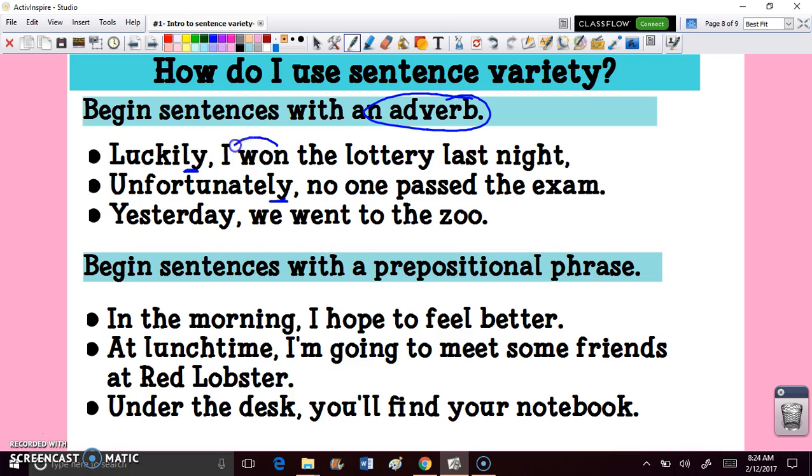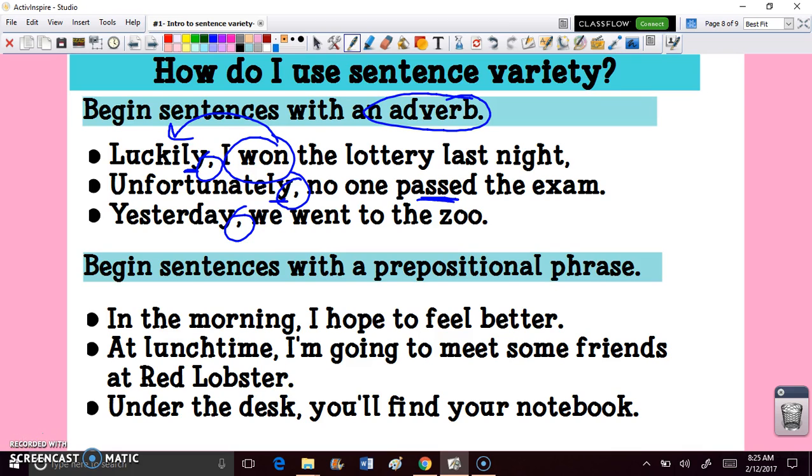So you're describing how you won. You won with luck. Unfortunately, no one passed the exam. It is unfortunate that nobody passed. And yesterday. So adverbs can also tell time. Yesterday, comma, we went to the zoo. If you begin your sentence with an adverb, please note that you have to follow it up with a comma.